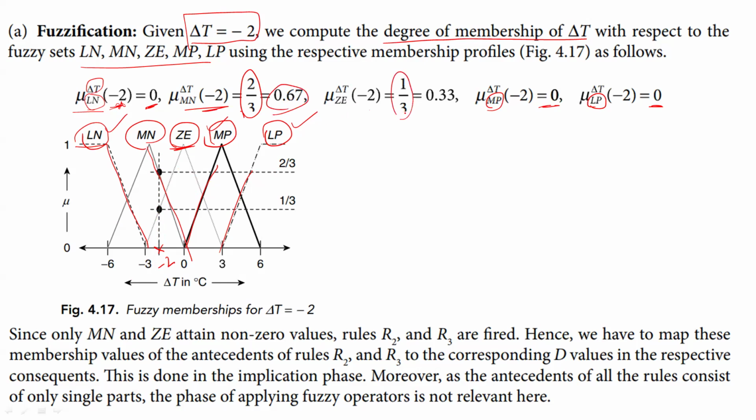For ZE, it comes to around 1 by 3, that is 0.33. That is this point. Okay, so how do you find out these y coordinates? You know that x is the delta T value, and the y-axis is the membership value, which varies from 0 to 1.